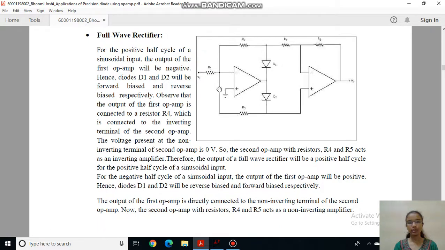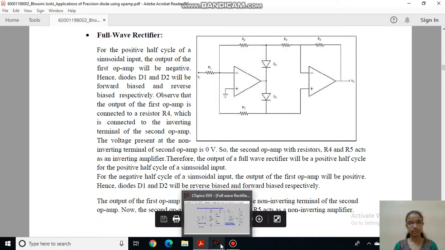Whenever we are applying positive half cycle to this full wave rectifier, we will get output as a positive half cycle, and whenever we are applying negative half cycle, we will get output as positive half cycle, because op amp 2 will act as an inverting amplifier, so it will invert the output of first stage.